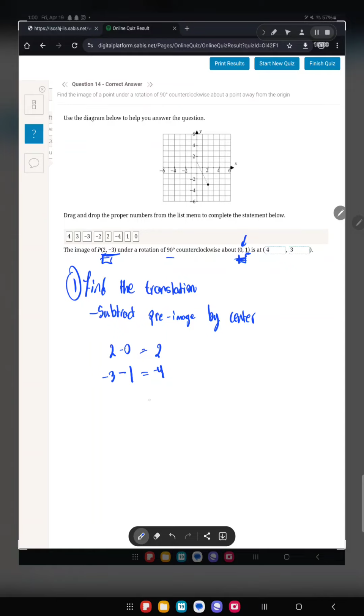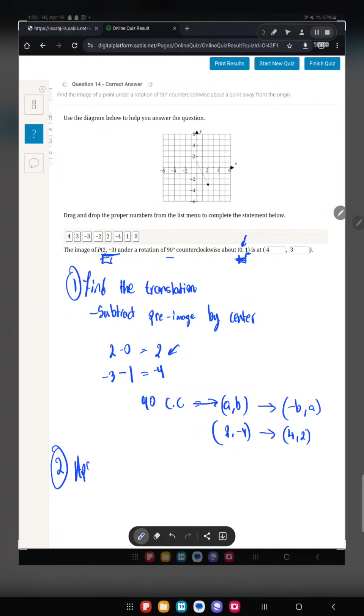And then you apply the rotation. For 90 degrees counterclockwise, a, b goes to minus b, a. So this 2, minus 4 goes to 4, 2. What's the second step? Apply the translation.